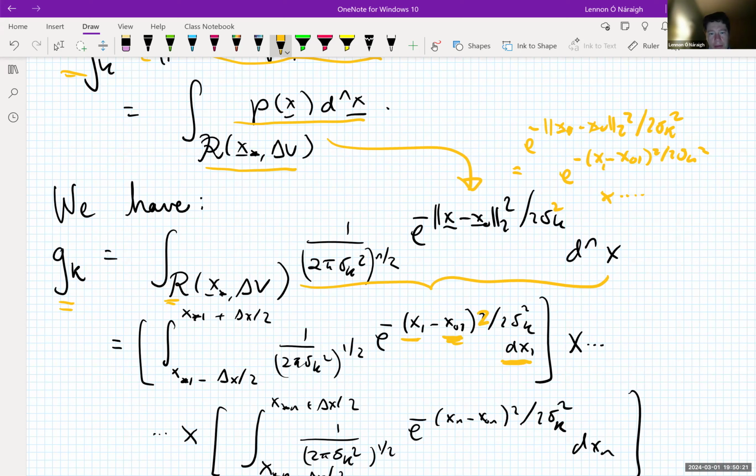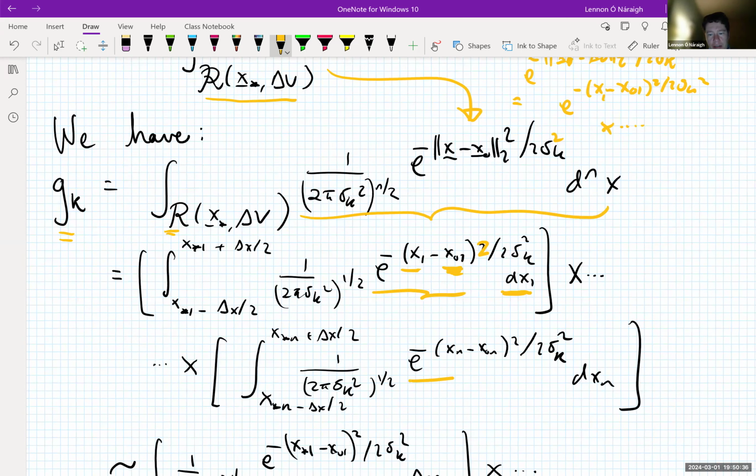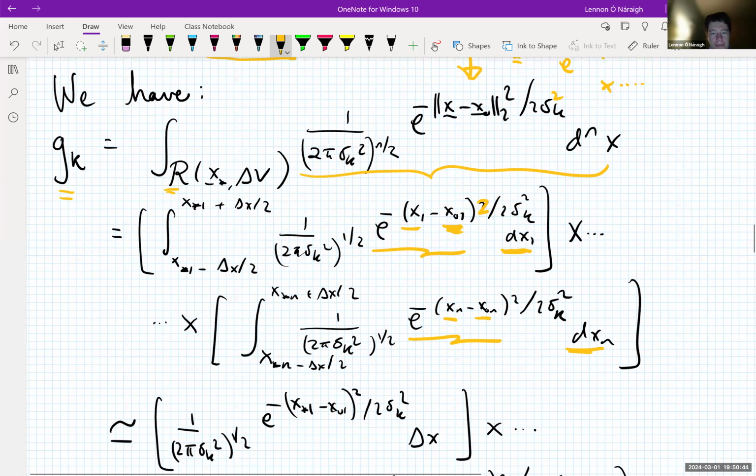So I'm drawing the proposal from a normal distribution centered at x0 and with a standard deviation sigma k. So this is just the mean. And there are n such exponentials. The last one is my variable xn minus x0,n squared, integrating with respect to xn.